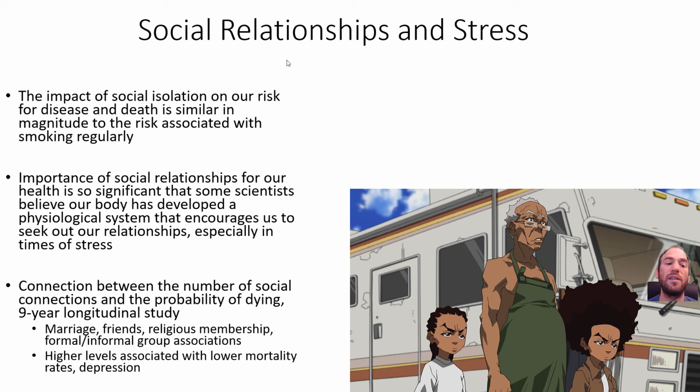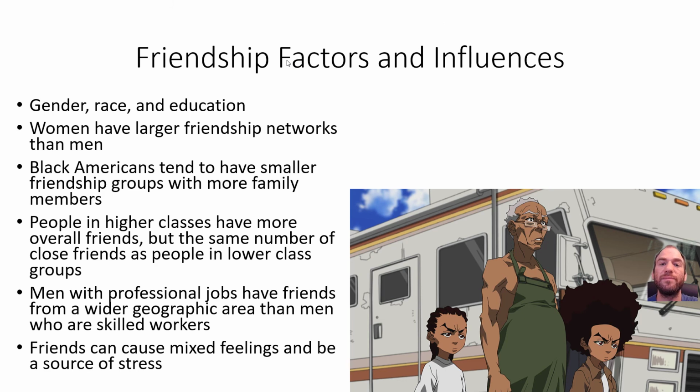And this 9-year longitudinal study found that marriage, friendship, religious memberships, and group memberships, like being in an organization or a labor union, just any group association, contribute to positive developmental outcomes, and being in none of those things increases the likelihood of higher rates of mortality and depression.